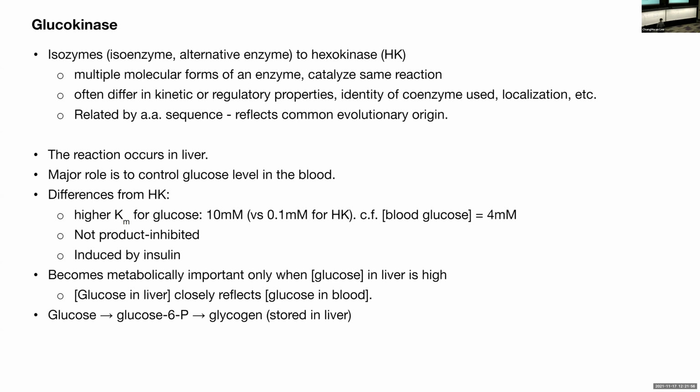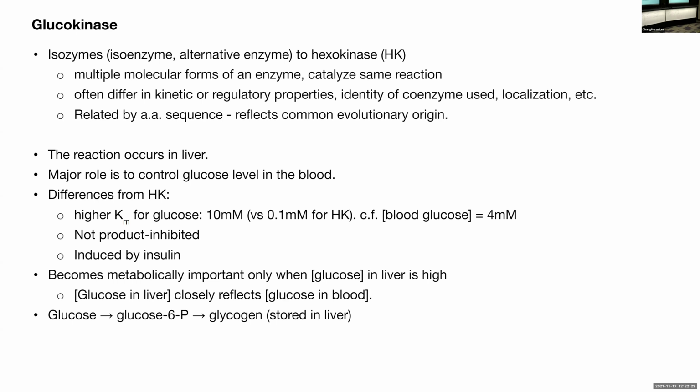It can, but the thing is that they are happening in totally different places. So the question was what's the balance in terms of their activities between glucokinase and hexokinase? But again, hexokinase is in the cytoplasm of the cell, and it's for processing glucose inside the cell for glycolysis, as opposed to glucokinase, which exists in a tissue, especially in liver.